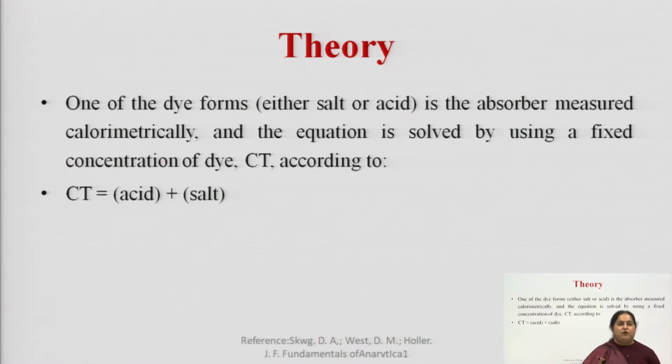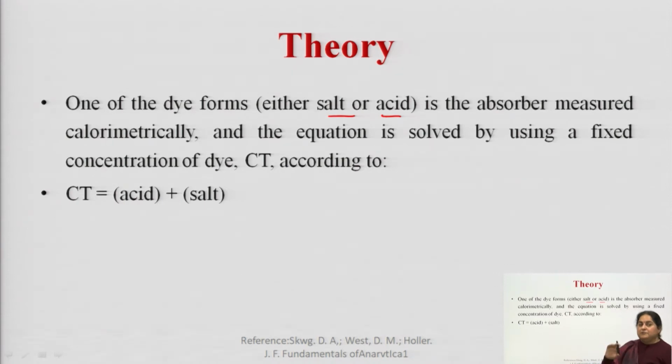One of the dye forms, either salt or acid, is the absorber measured colorimetrically, right. Either the salt form or the acid form will absorb a specific wavelength of light in correspondence to the pH of the solution, right.